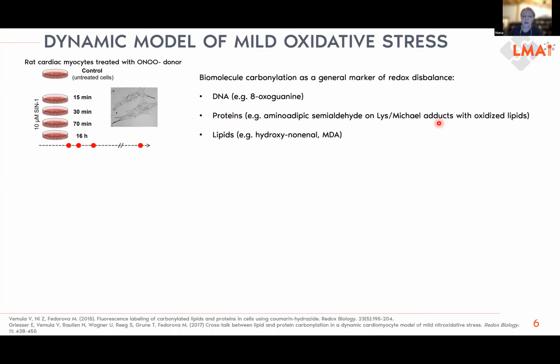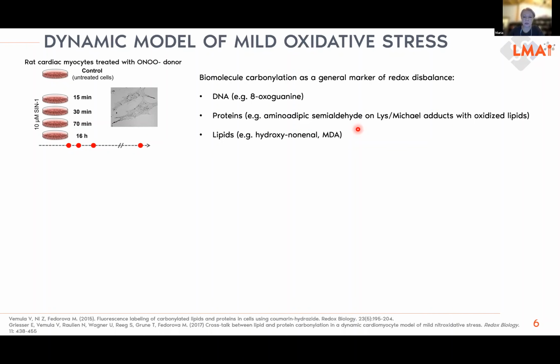And lipids can also get carbonylated, with the formation of such well-known markers of lipid peroxidation as malondialdehyde or hydroxynonenal. So we used this readout to see what happens in our model, whether we induce the stress, and how cells react to that.